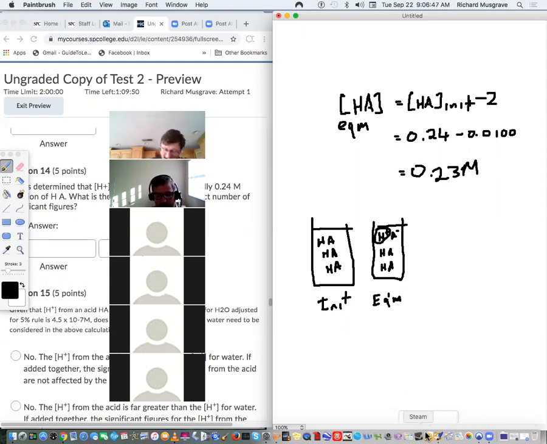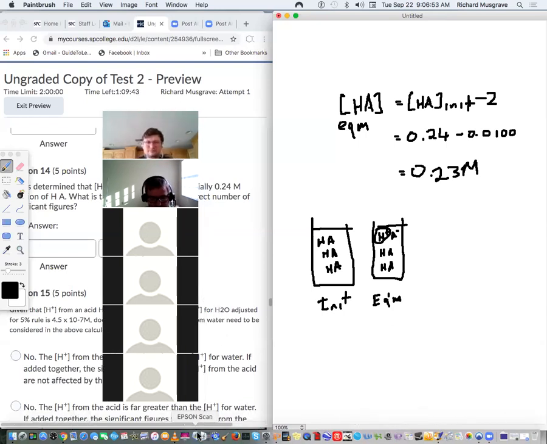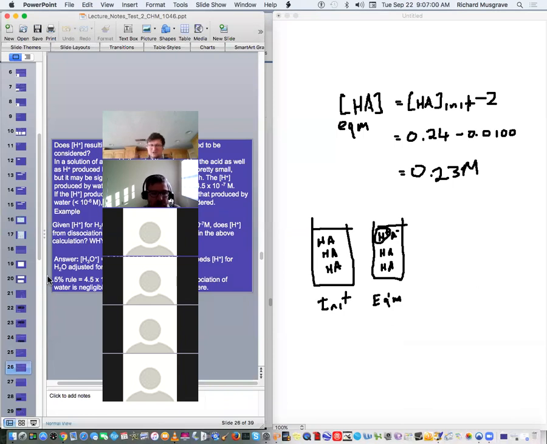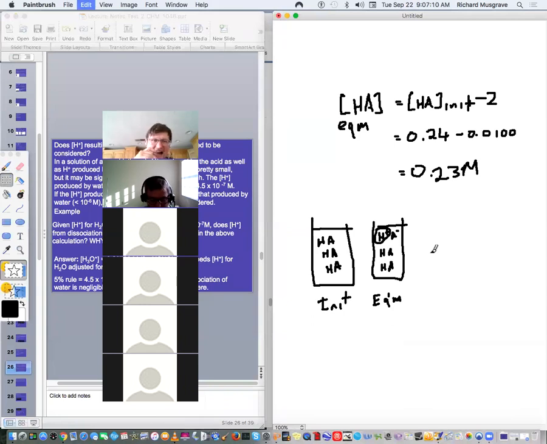All right. Let's look at the very last part of this. I have to find my PowerPoint. There it is. Okay. The last part of this problem here, what it's asking is, does H plus resulting from dissociation of water need to be considered? Okay, now this seems to be very, very complicated, but it really isn't.